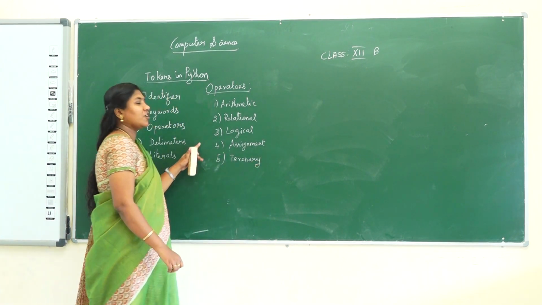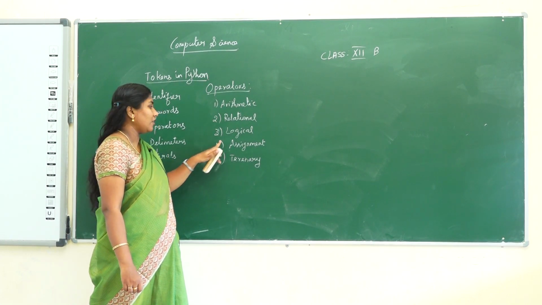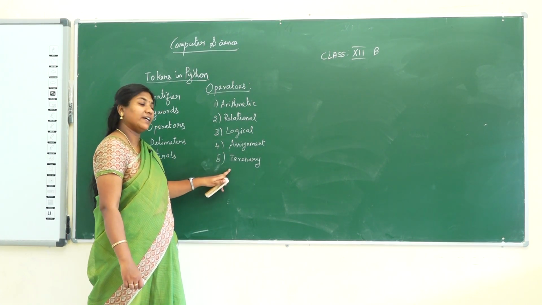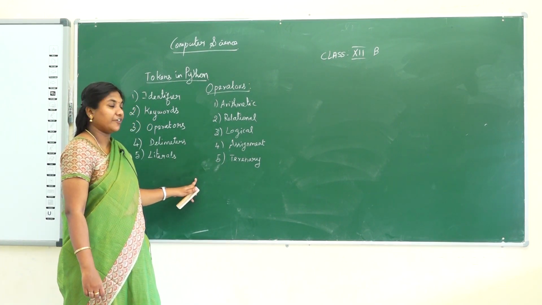So these are the types of operators available in Python: arithmetic operator, relational operator, logical operator, assignment operator, and ternary operator. These are the 5 types of operators we are going to see.